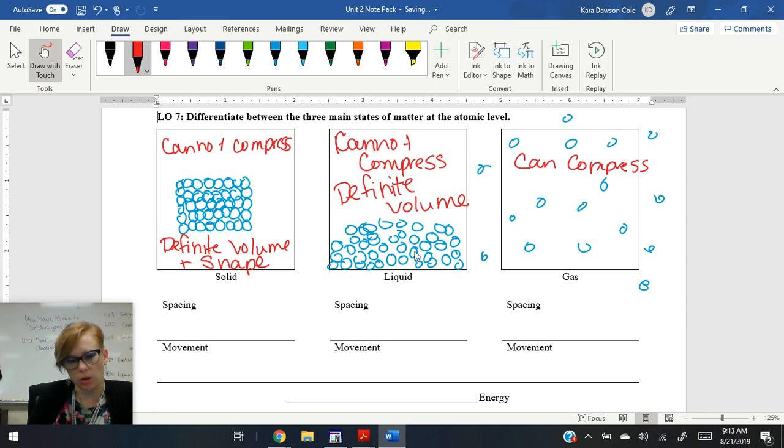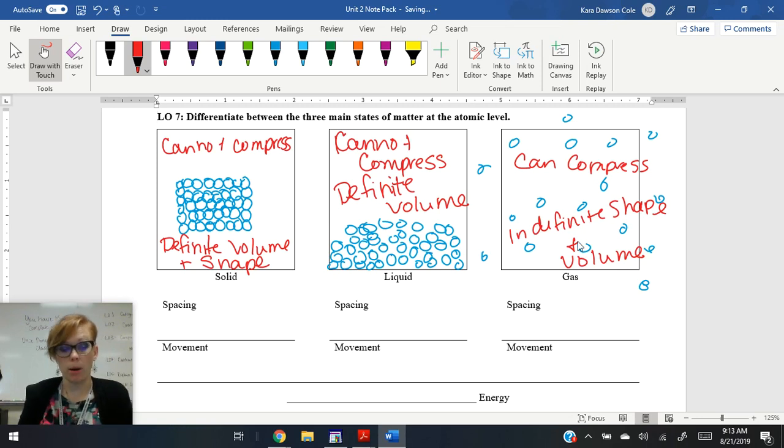You don't have as much space between atoms in a liquid, and between atoms in a solid you definitely don't have that much space. This does not have definite shape. It does not have definite volume. So it's got an indefinite shape and volume. My volume can change depending on certain properties of the gas.